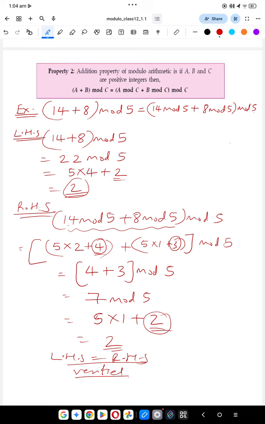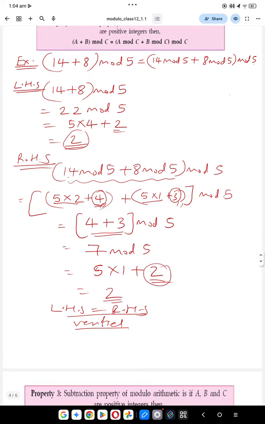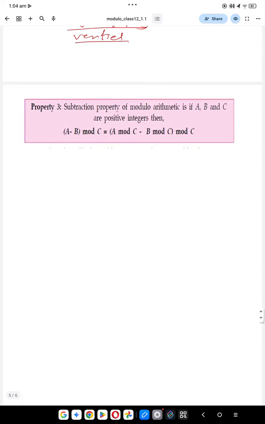And remember, here we need to take the remainder, so don't end up getting the same thing again and again. So let's move to the next property, which is the subtraction property of the modulo, which says a minus b, if we are taking it, will be the individual component modulo and then the whole modulo.